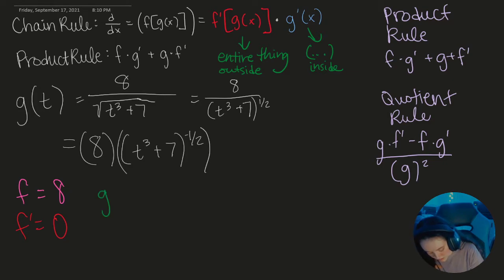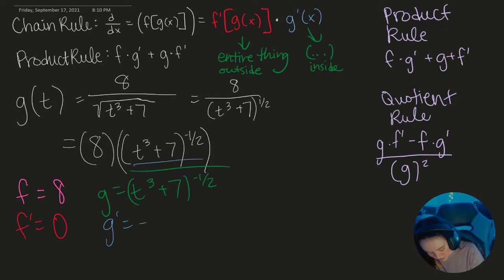g equals the whole thing, and g prime equals the derivative of the whole thing times the derivative of the inside.